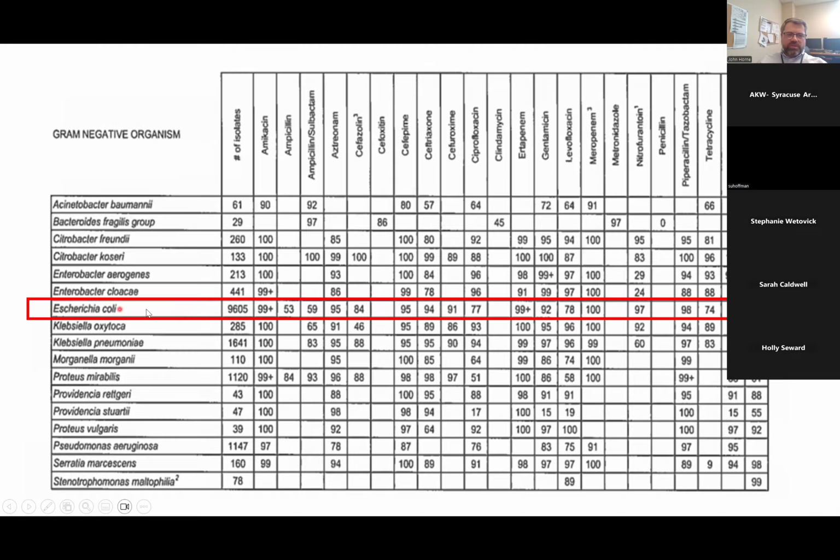They would grow the E. coli and say, well, in our area, Cipro only works 77% of the time, so that might not be a great antibiotic to give unless you've done a culture and you see that the E. coli in your urine is susceptible and Cipro will work. So you'd want to choose something that works, within stewardship recommendations.